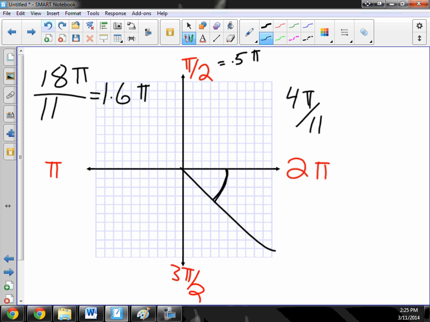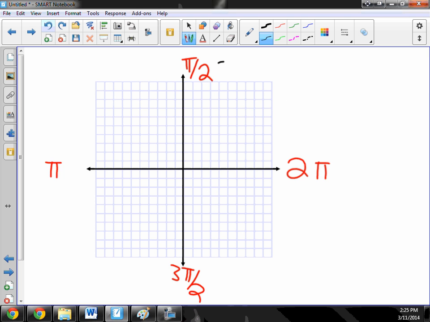Okay? So if I gave you something really large, like 25 pi over, let's do 4, 4 is not going to work, 7. What is that as a decimal? 3.5? Oh well.